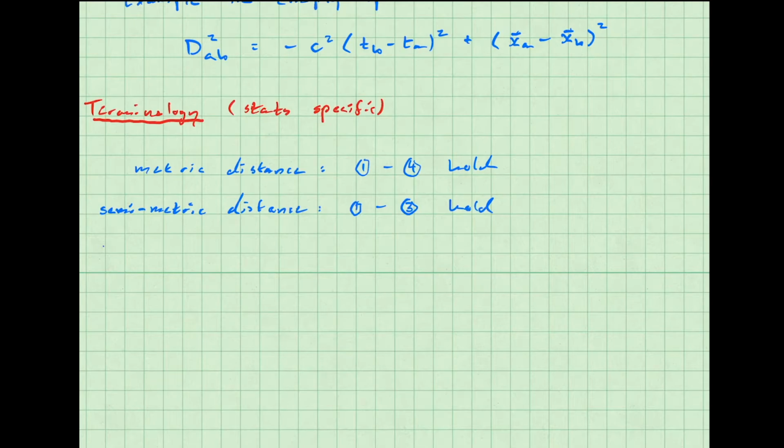And we say it's non-metric distance if any of properties 1 through 3 is violated.